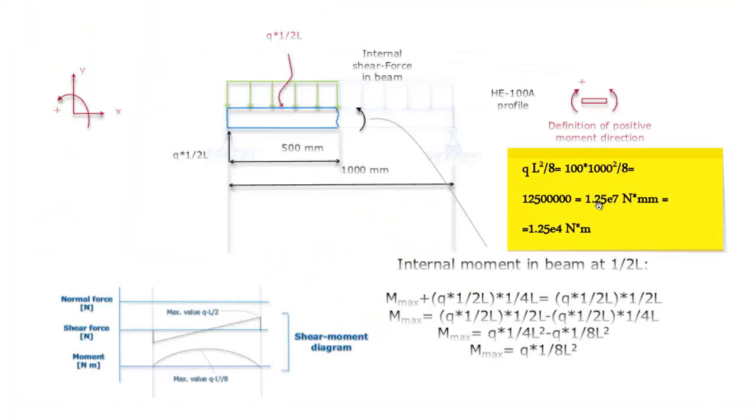So 1.25 E7 Newton times millimeter is 1.25 E4 Newton times meter. You have to see that to be able to convert these two values into each other. So this force working over a millimeter is the same moment as this force working over a complete meter.